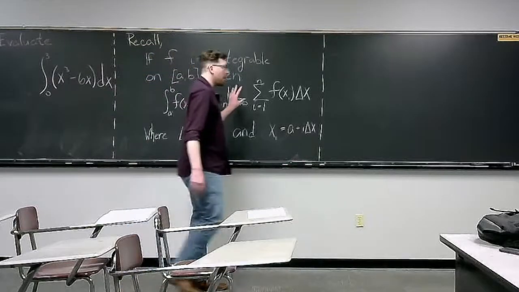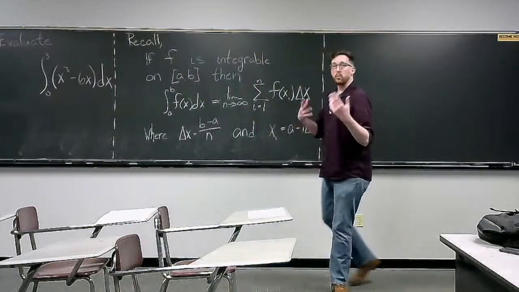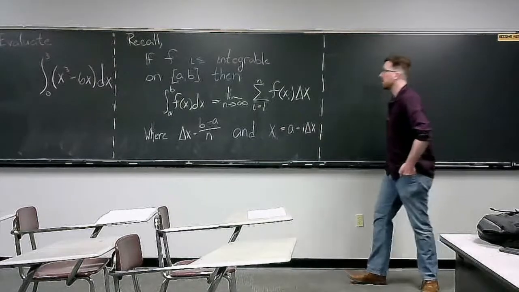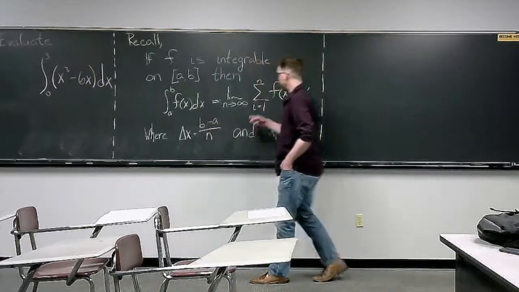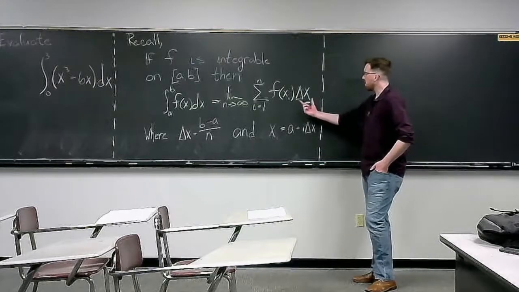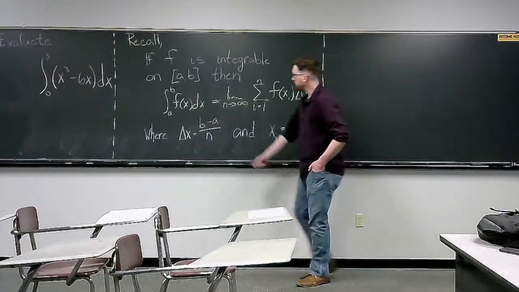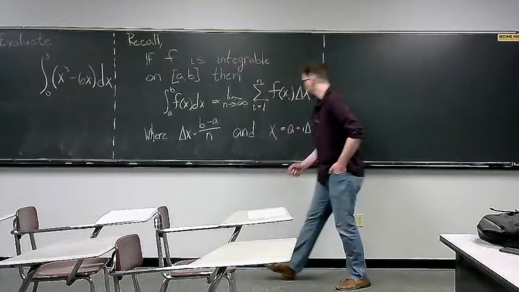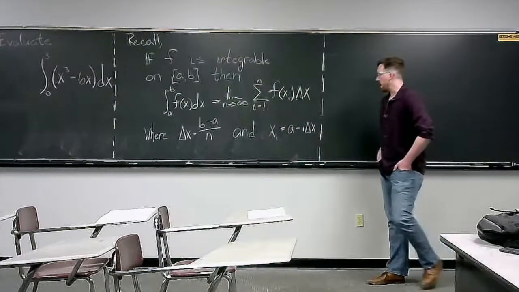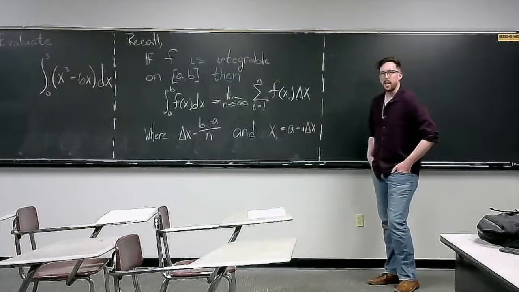Doesn't matter. All that really matters is that it is one of these Riemann sums, and we can show that this integral is equal to that series. And this is, of course, where delta x is equal to (b minus a) over n, and x sub i is equal to that a value plus i delta x.